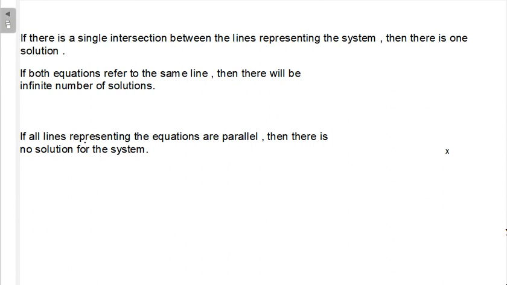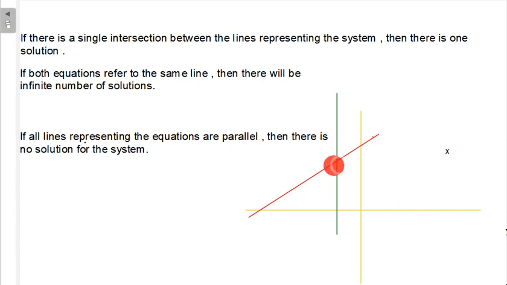If this is x and y, and this line here represents an equation and this line here represents another equation in the same system, then they are intersecting at one point here, and this system is consistent and has only one solution.